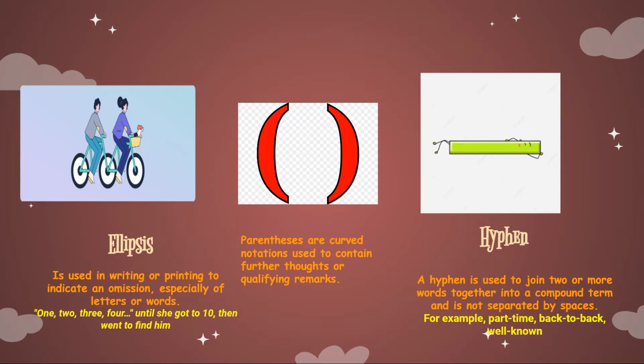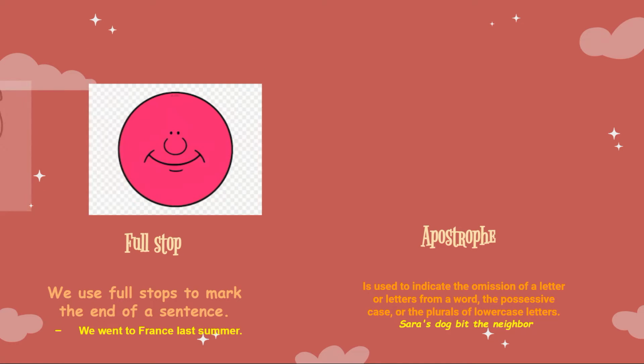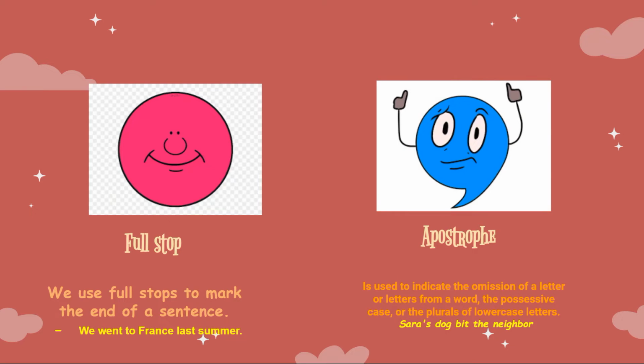Let's continue. The next ones are full stop and apostrophe. What is full stop? Full stop is used to mark the end of a sentence. For example, we went to France last summer and full stop, or full stop can be also written as dots.